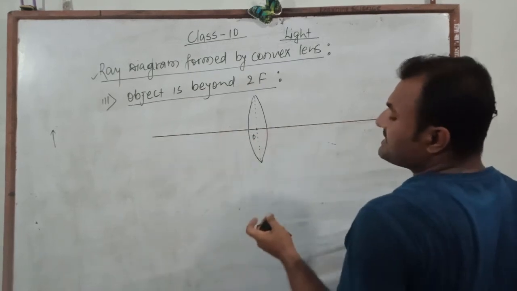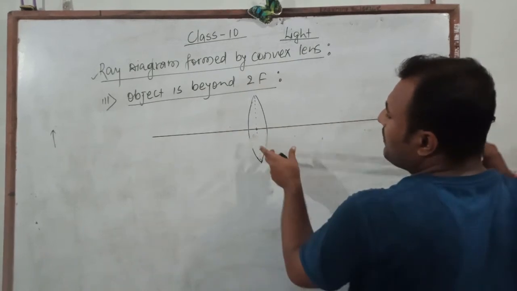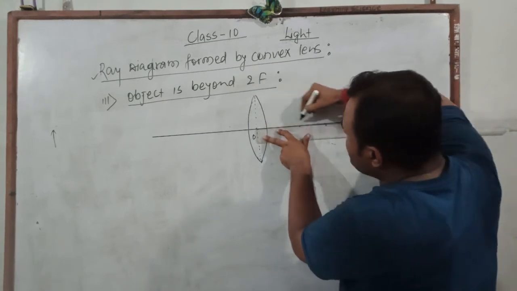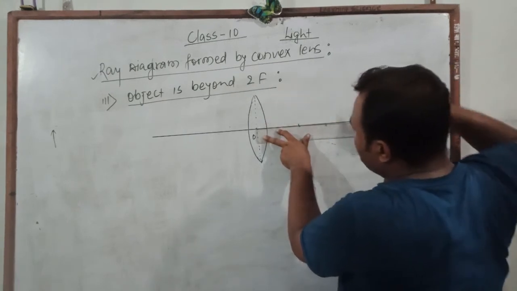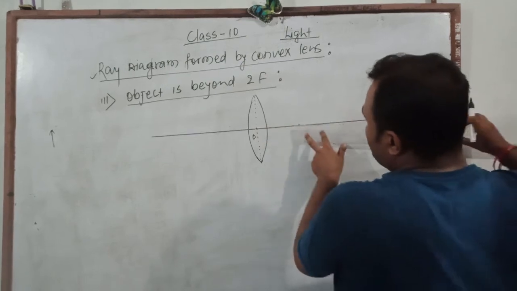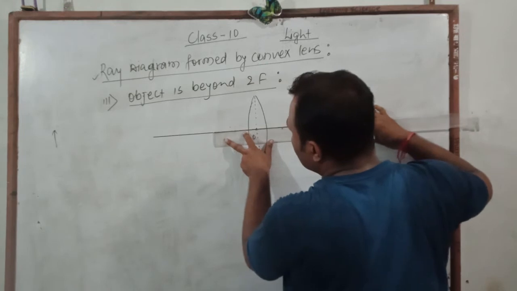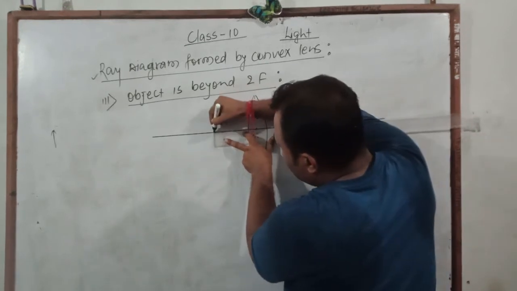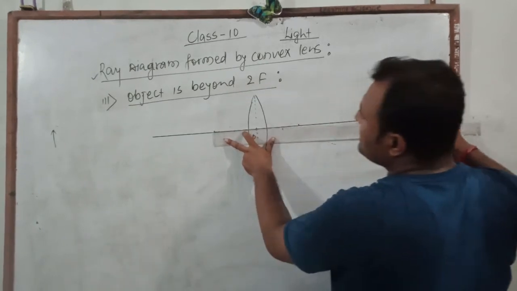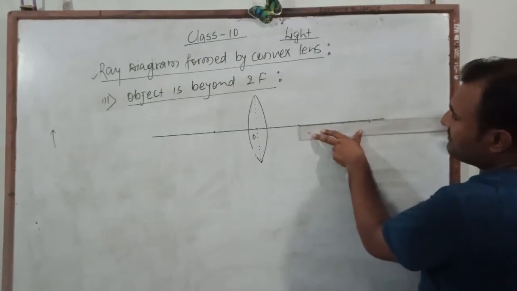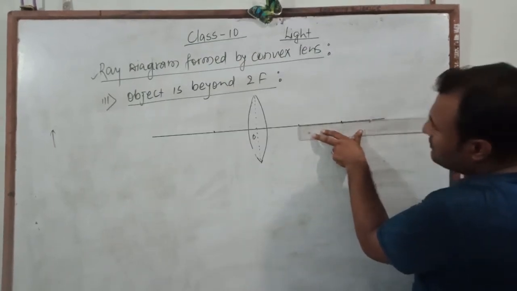And with the help of a scale we measure an equal distance from the optical center, about 2 centimeter, which is called F. And then towards the left also we measure f. On both sides we should measure equal distance from the optical center. 2f, twice of that f, which is called 2f.